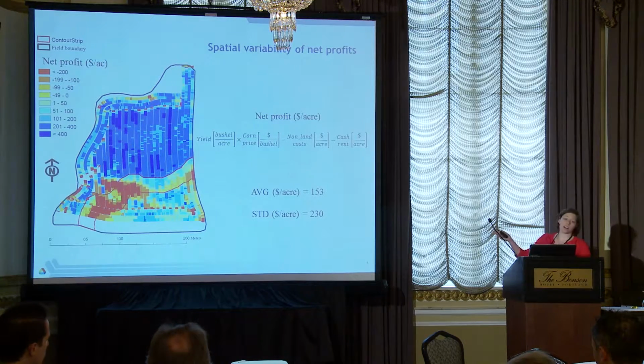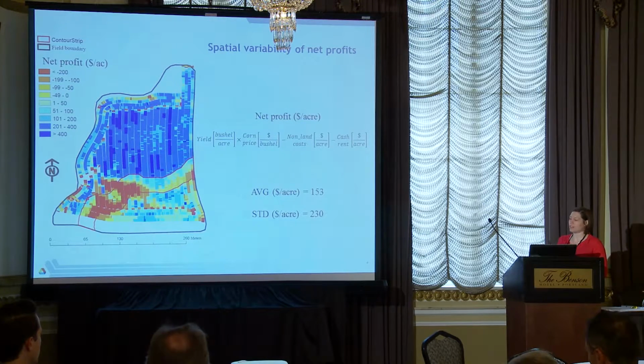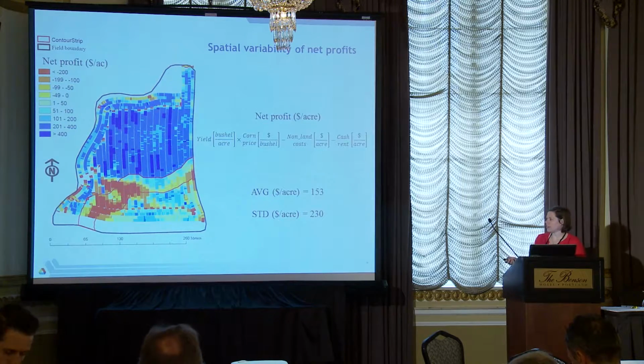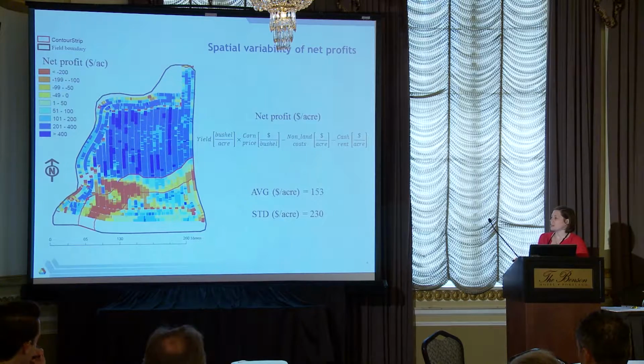In our field case, the average net profit is positive at $153 per acre. But you can see here the standard deviation is higher than our average. This indicates that the farmer is losing some money in this land. If we do a geospatial analysis of this map, we find that the farmer on average is losing about $50 per acre in 16% of this field.